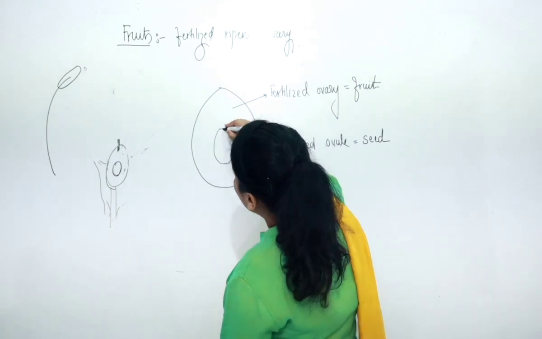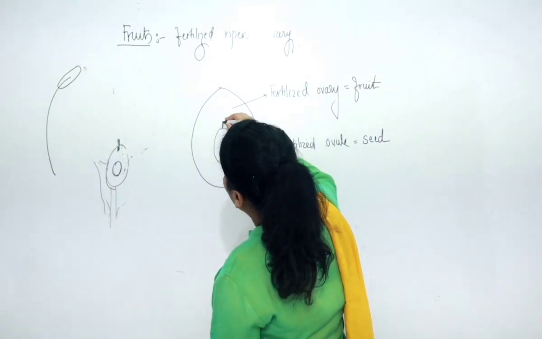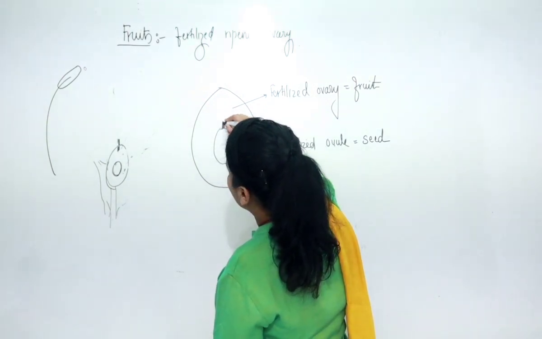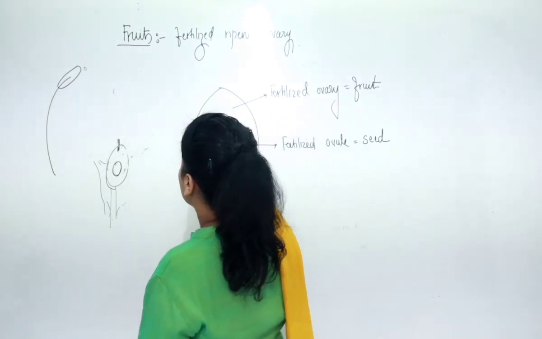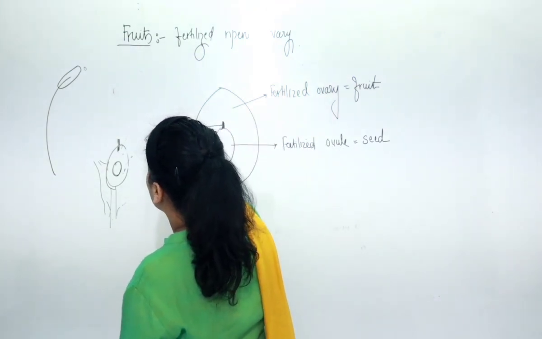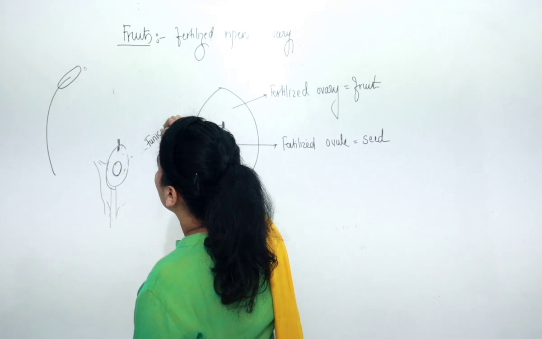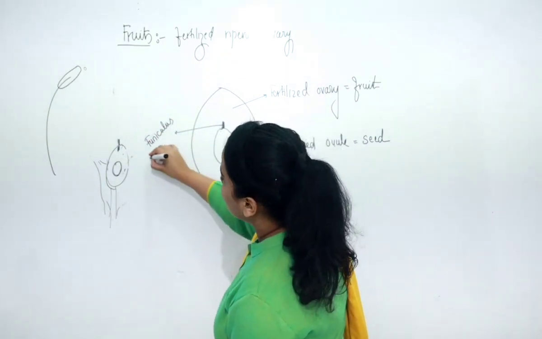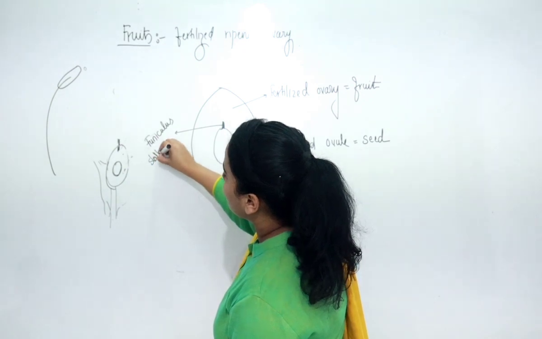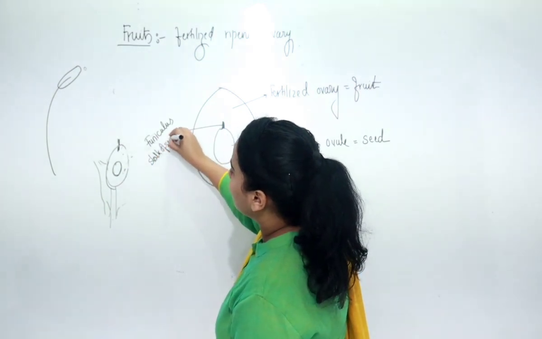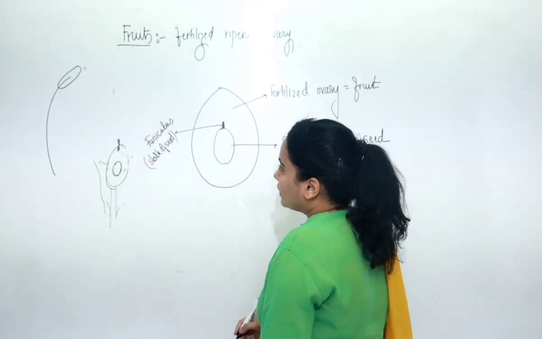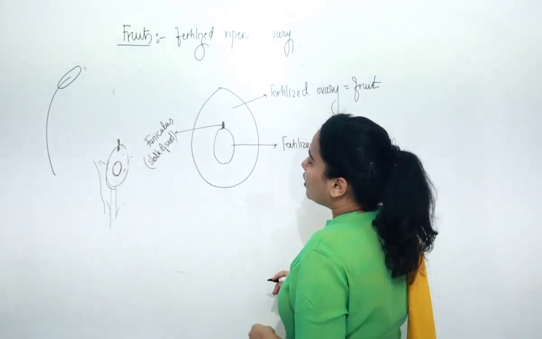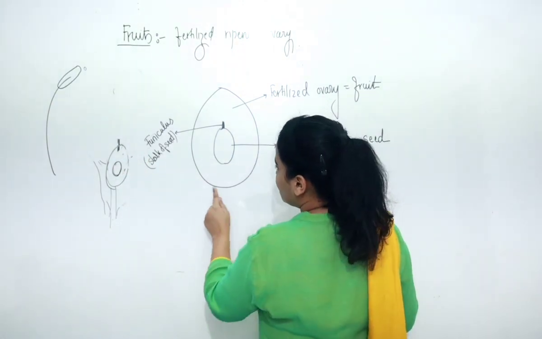Then onwards, you know that in the seed, you have one small stalk-like structure. And this seed stalk-like structure is known as funiculus. Okay, it is known as funiculus. You can say it is a stalk of seed.